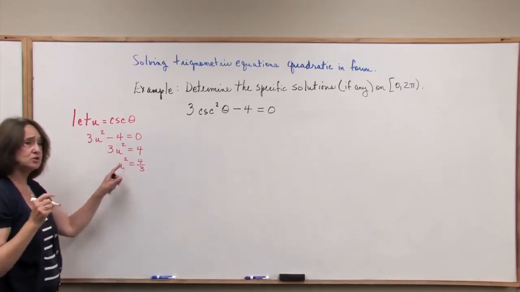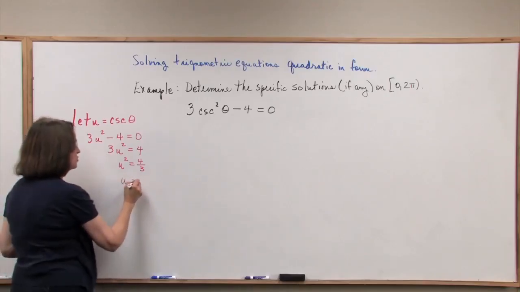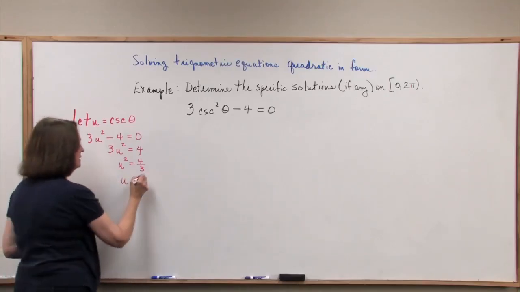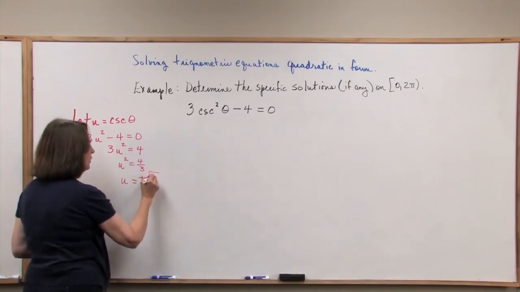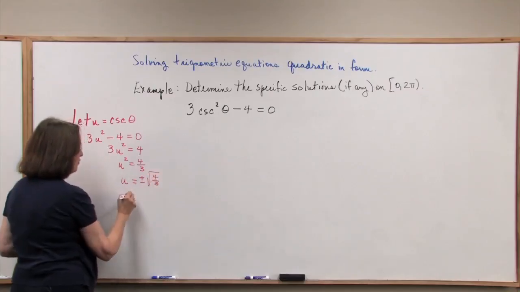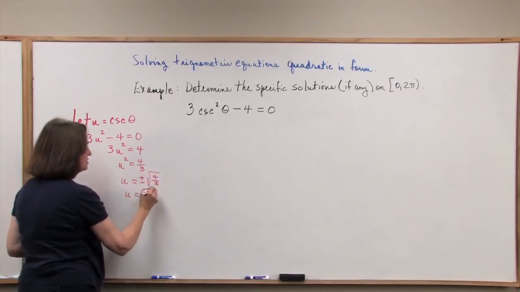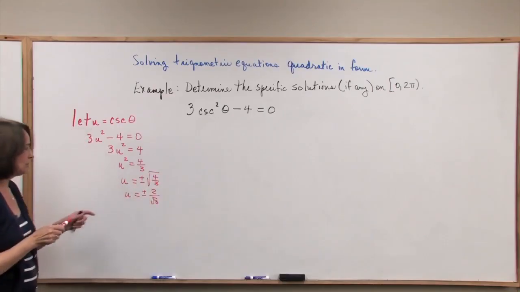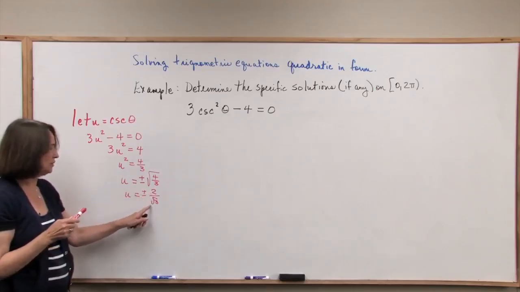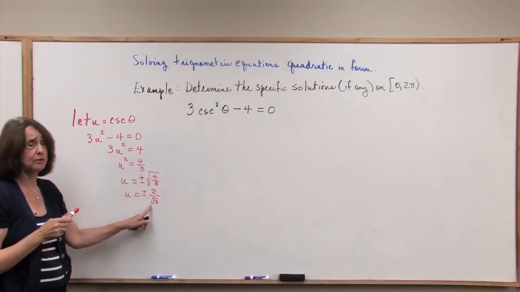To undo the square, I would take the square root on both sides, but I need positive, negative square root of 4/3. And of course, this simplifies to plus or minus 2 divided by the square root of 3.